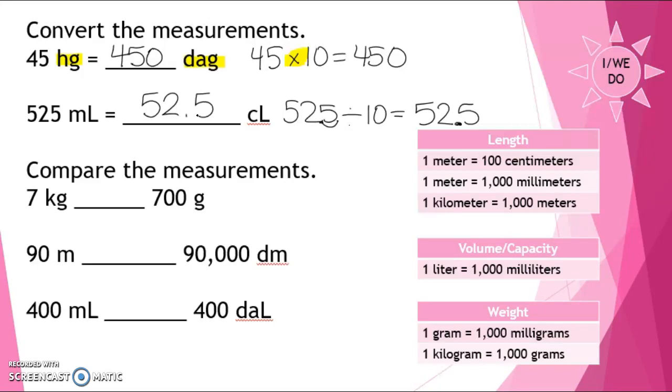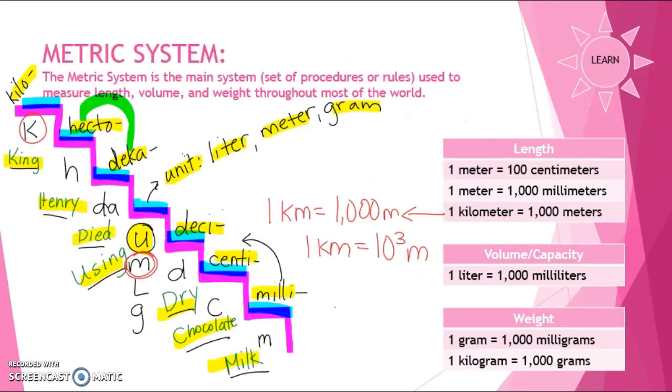Now let's compare the measurements. Is 7 kilograms greater than, less than, or equal to 700 grams? So let's look. Kilograms to grams is how many steps? 1, 2, 3, 4 steps from kilograms to grams.